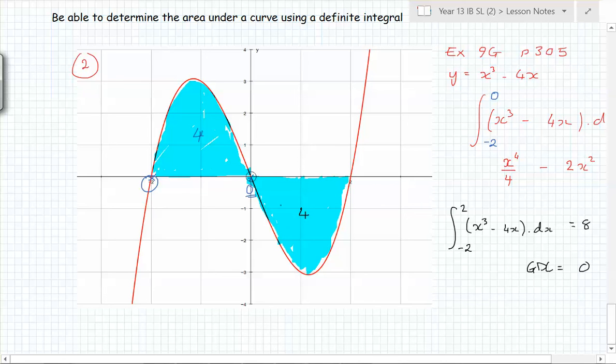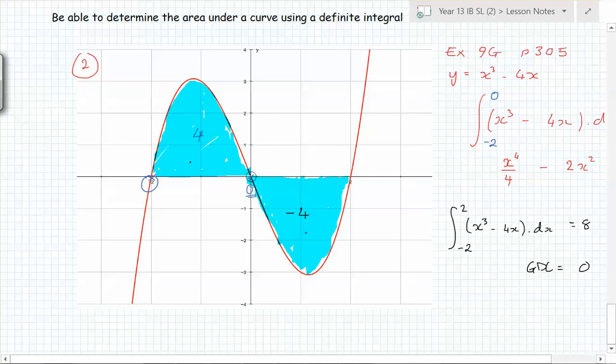So we know the area is 4 and 4, but for reasons of computing, your calculator will treat this as a -4. And if we do 2 to -2, your calculator will do this area, add that area, and get the answer 0.